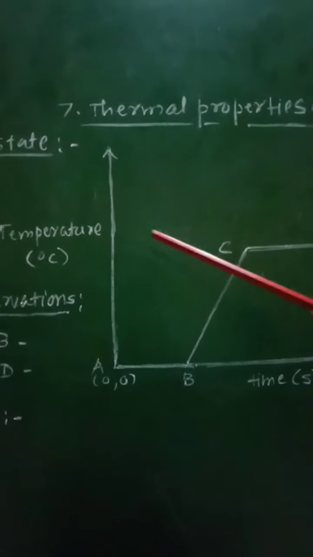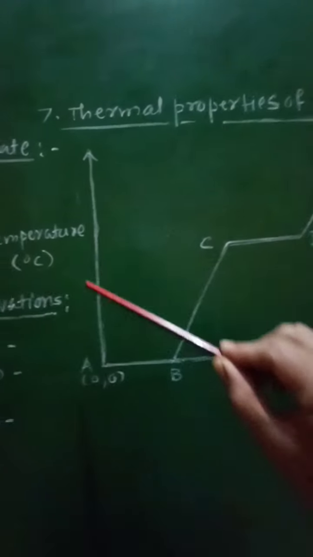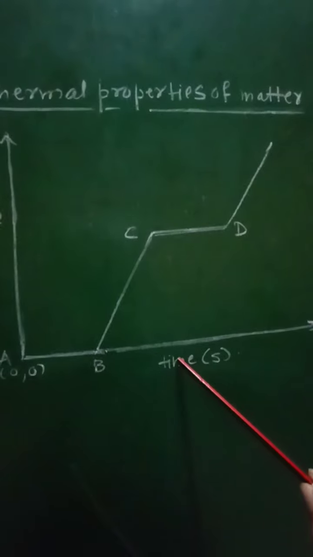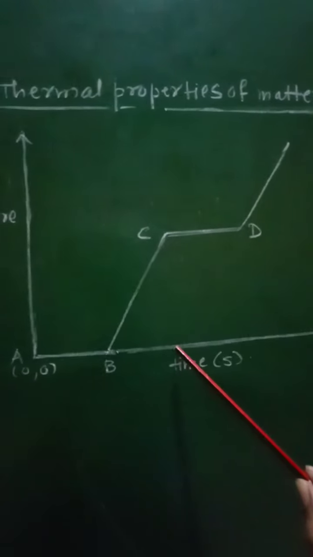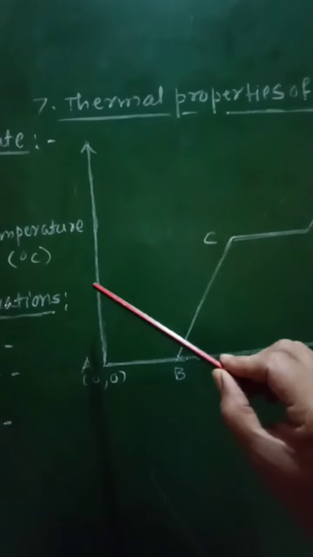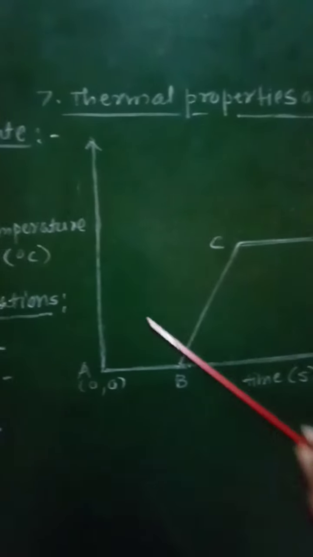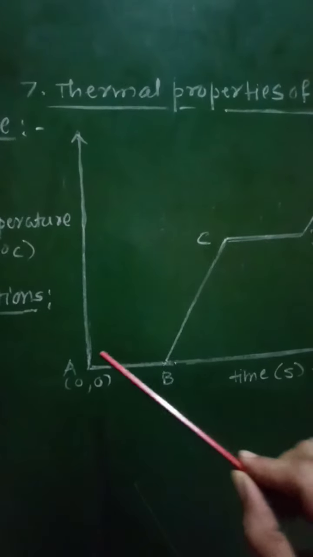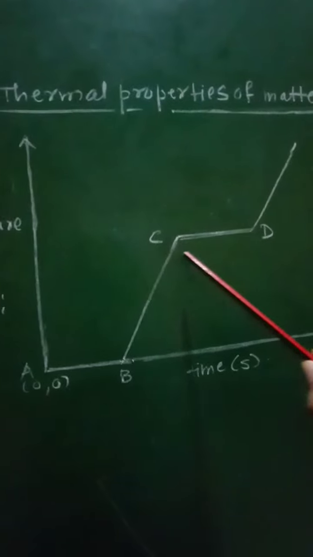That means a graph of temperature in degree Celsius and time in seconds will be plotted for any substance. If the temperature against time graph is plotted, then the nature of the graph is as shown.